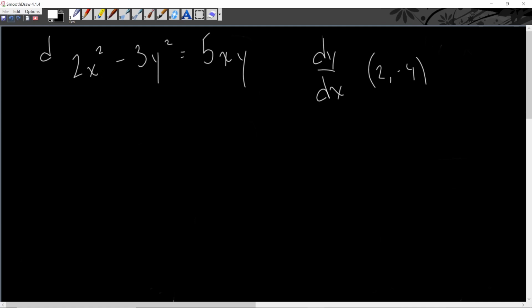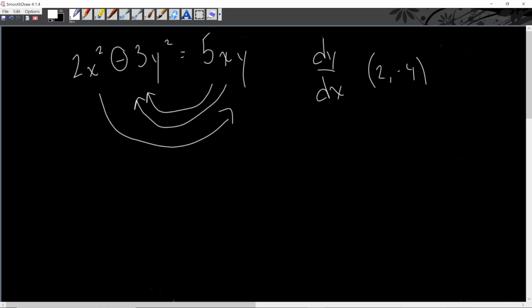Well, this one I'm going to bring y's to one side and then x's to the other side. So this is a trick that I kind of like to do in my head. I know that this is a negative, and if I bring this 5xy to that side, it is also going to be a negative. So in my head, I actually bring this 3y squared to the other side, so it becomes 5xy plus 3y squared, and then I keep this 2x squared on the left-hand side.